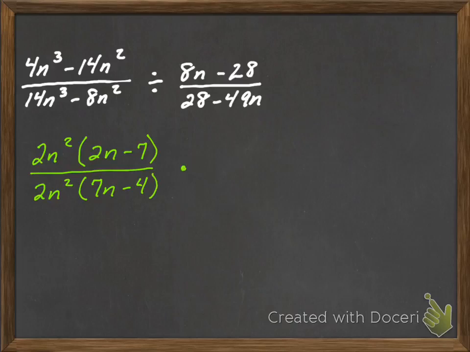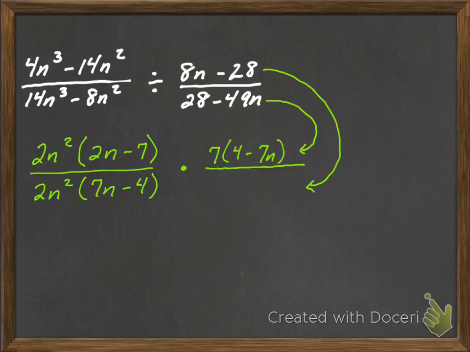We're going to change this to multiplication, and remember that we reciprocate, so the denominator becomes the numerator, and we can factor a 7 out of this, which leaves us with 4 minus 7n. And the numerator becomes the denominator, where we can factor out a 4, leaving us with 2n minus 7.